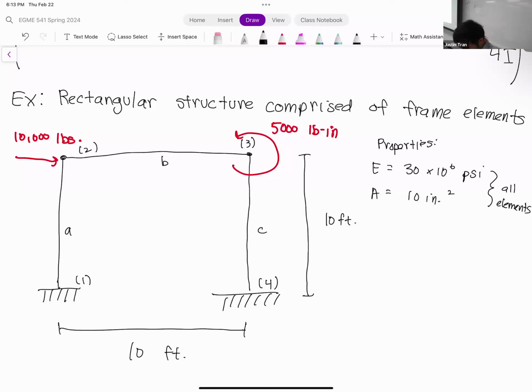We have a cross-sectional moment of inertia of 200 inches to the fourth. This first moment of inertia I1 is going to be applied to elements A and C. And then we have another moment of inertia I2, equal to 100 inches to the fourth. This is going to be applied to element B.